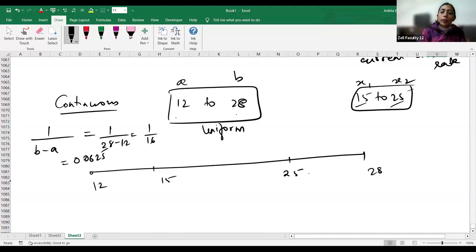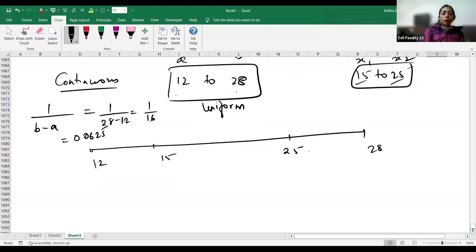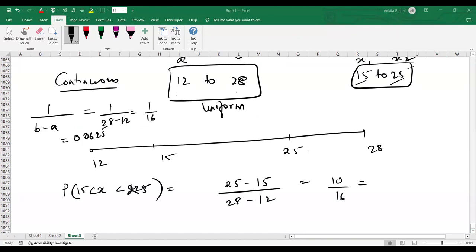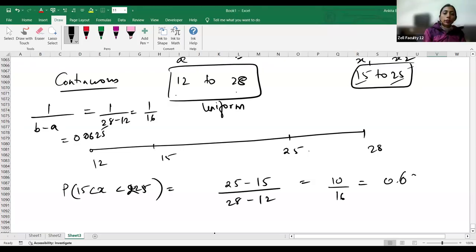So how do I find the probability between 15 and 25? I can use a formula here. Probability of x between 15 and 25 is equal to 25 minus 15 divided by 28 minus 12. How much are you getting? 10 divided by 16, which is equal to 0.625. So this is your probability.